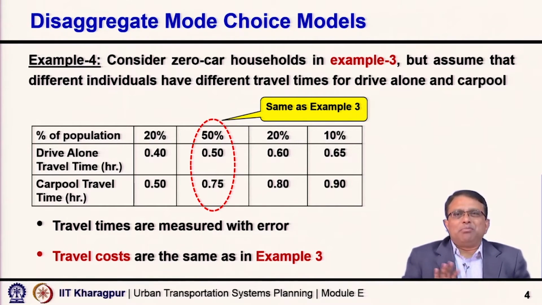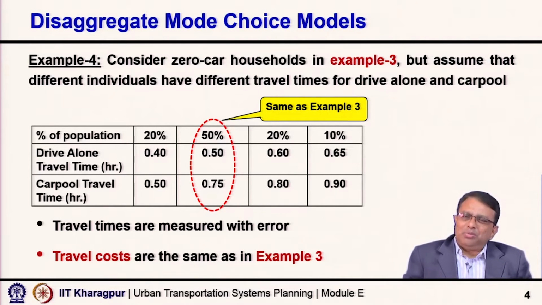Remaining everything is the same, but now the drive alone and carpool travel times were given as 0.5 and 0.75 hour. That was the time. Now, what do we assume there?